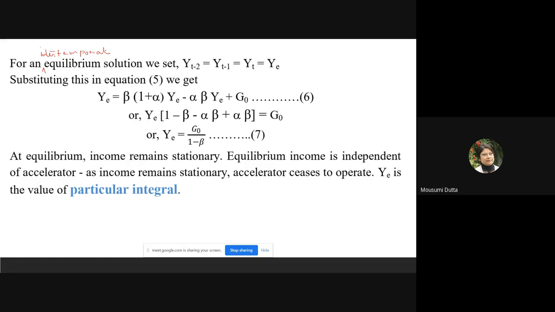Once you understand the notion of intertemporal equilibrium, plug this value in equation number 5. Please check whether you are getting the value of Ye to be g naught by 1 minus beta.